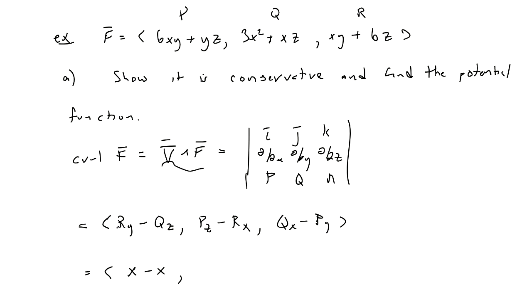The derivative of p with respect to z is, and again, hopefully I haven't messed up, the derivative of r with respect to x is, again, y. The derivative of q with respect to x is 6x plus z. And the derivative of p with respect to y is, again, 6x plus z.